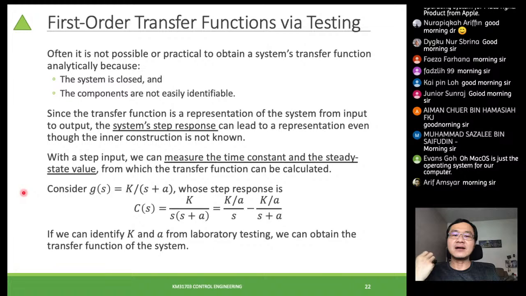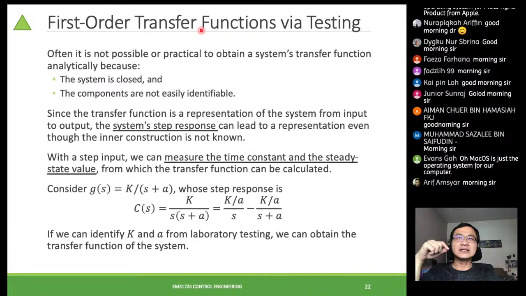So how can we get the transfer function by doing testing? Remember, we can obtain the curve as long as we do a test by inputting a step input to our system. We inject a signal of 1 over s to the system.